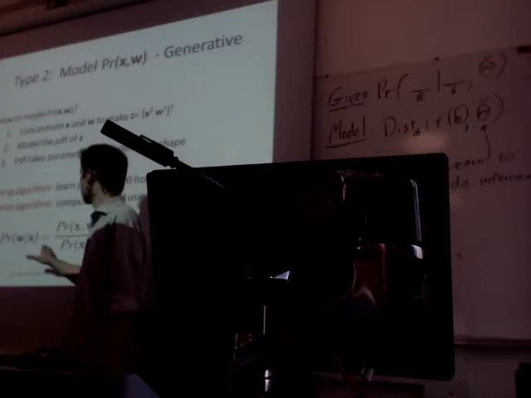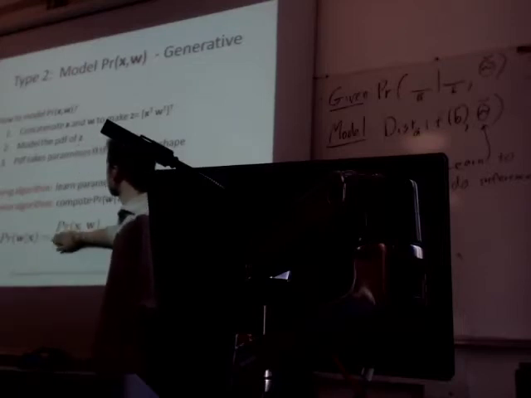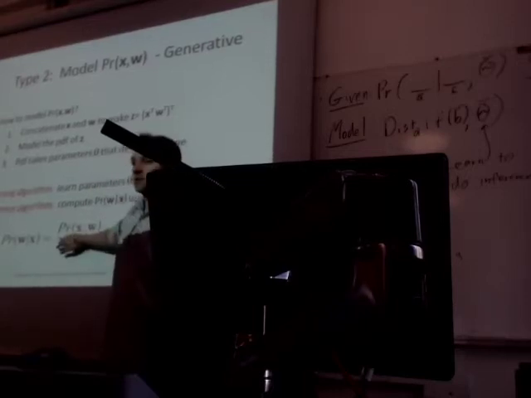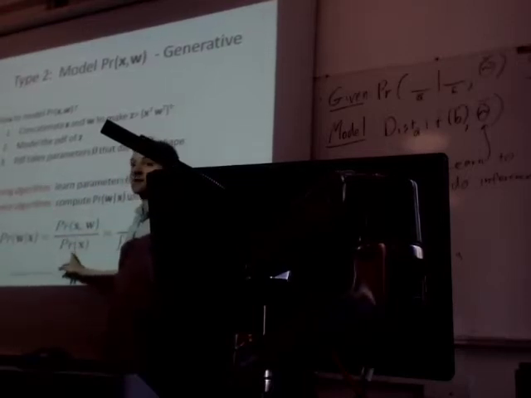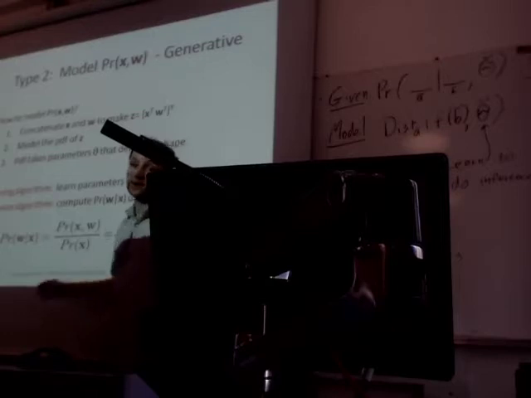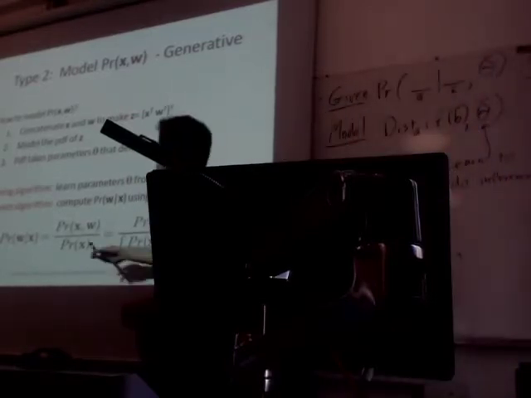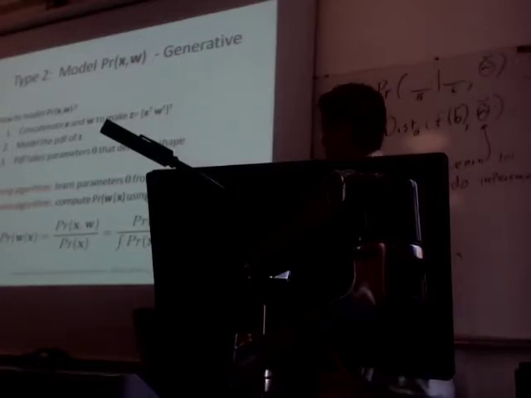Now, this extra step, right? We're going to model this with our model on Z, but we have to remember to normalize by the probability of the data. We're saying, I've got this model. It tells me about all the different situations of X and W. Maybe I should write it there.